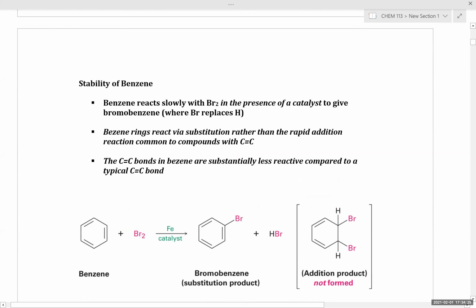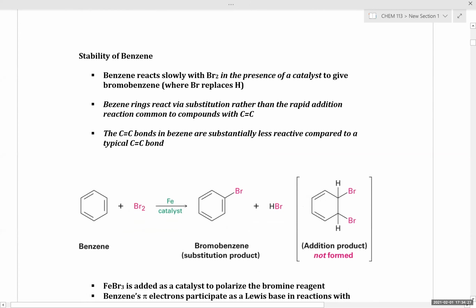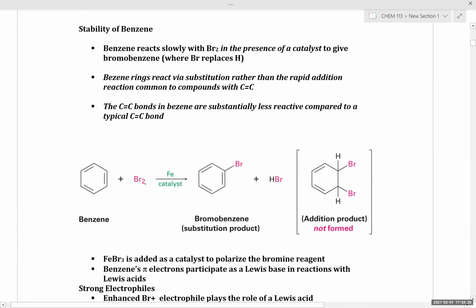Now, when we think about benzene, if we try to subject benzene to similar addition conditions, what we find is, one, benzene is not very reactive under typical addition conditions. It typically requires a catalyst. Further, benzene rings react via substitution rather than the rapid addition reaction common to compounds with a carbon-carbon double bond.